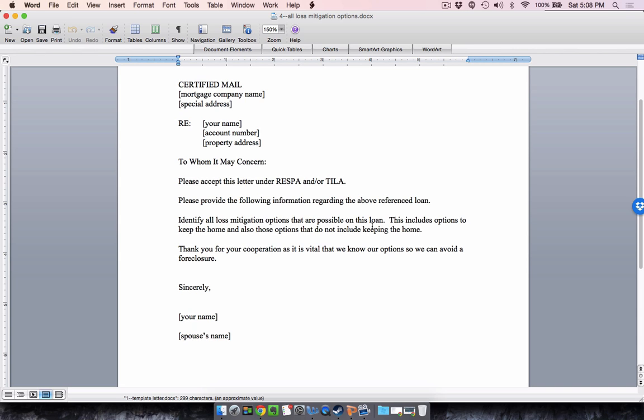Loan modification, short sale, deed in lieu of foreclosure, principal reduction, deferment, forbearance. There's a dozen different things, and you're saying, I want to know all of those. What are all possible options? A lot of times the mortgage company goes, well, we only want to talk to you about loan modification. No. I want to know all the options out there.